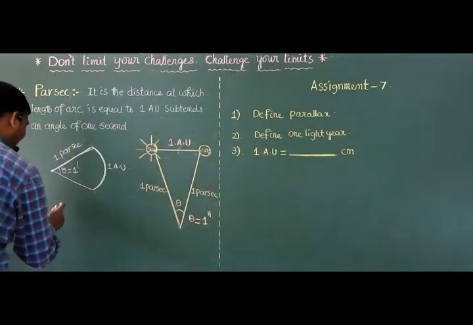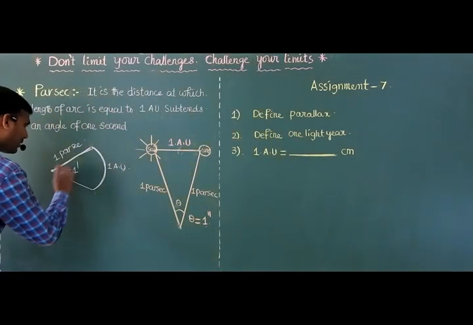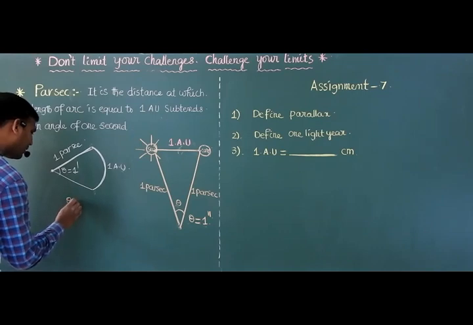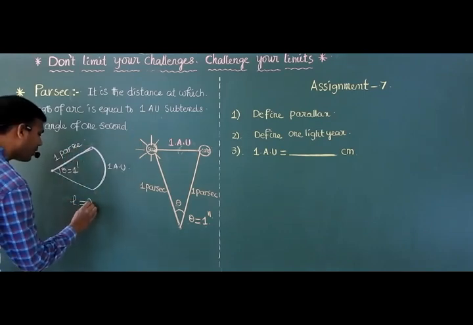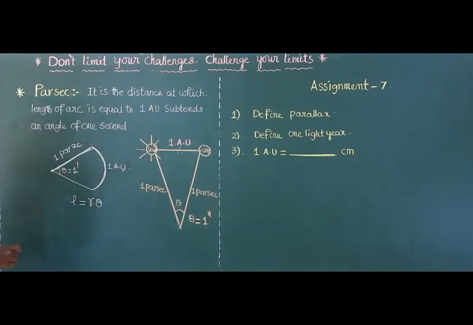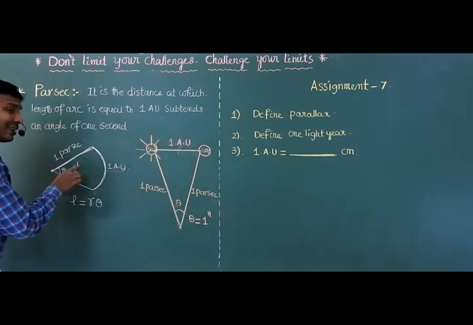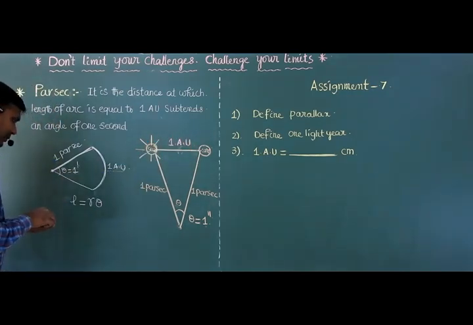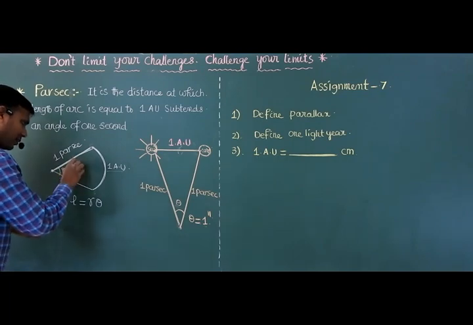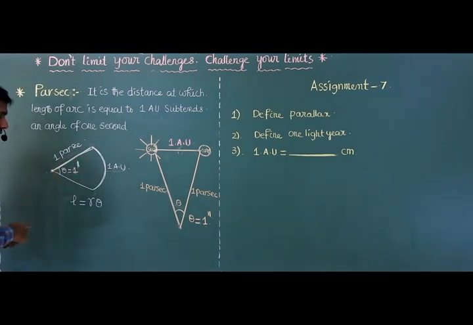So how to calculate a parsec, sir? You know theta, and you know the length of an arc is equal to r into theta. Length of an arc is r theta. Here the length is 1 astronomical unit, and theta is 1 second.